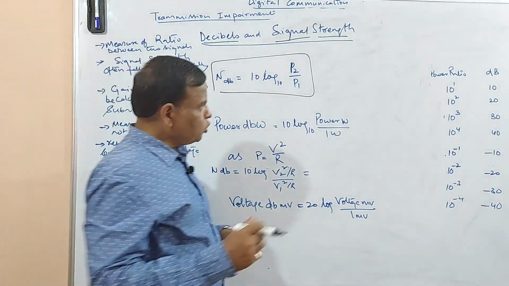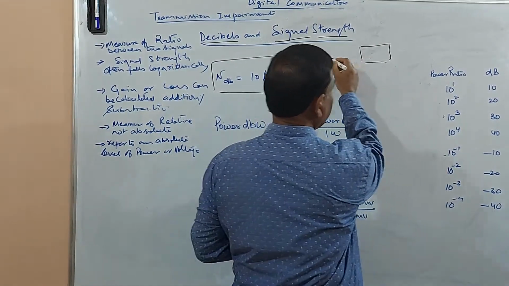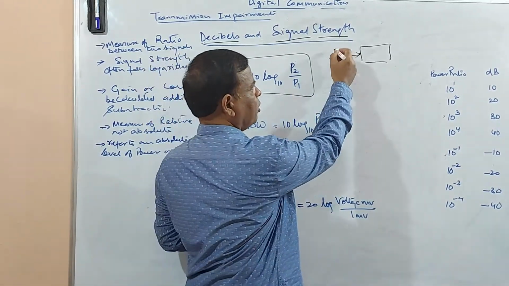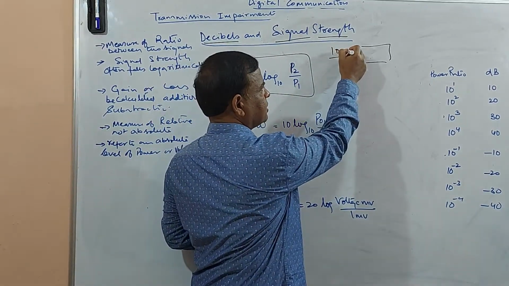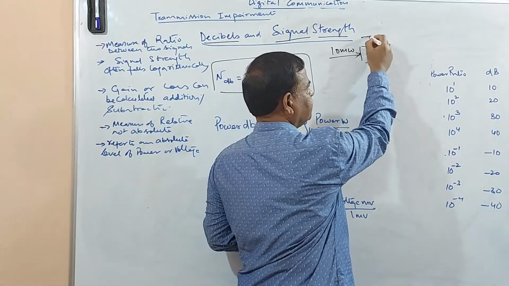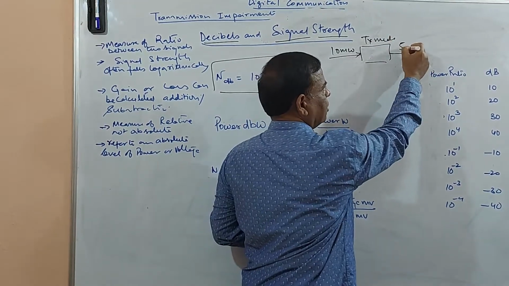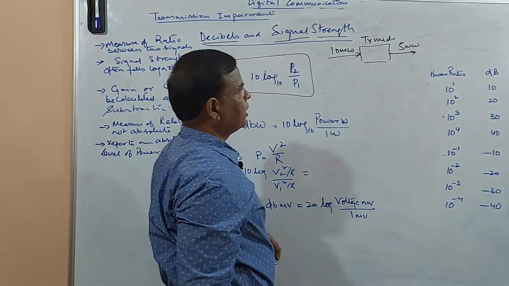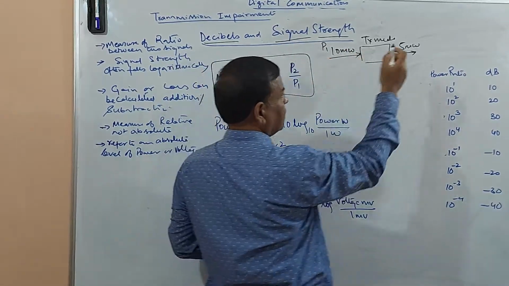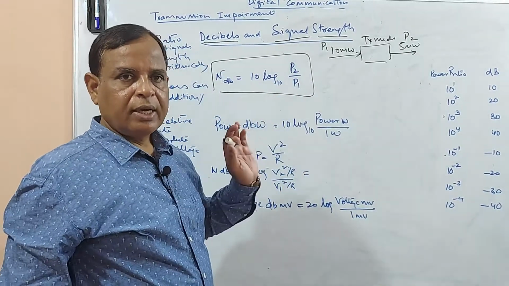To understand better, we'll take one small example. Say you are giving a signal with a power of 10 milliwatts. It passes through some transmission medium and you get an output of 5 milliwatts. So power 1 is 10 milliwatts and power 2 is 5 milliwatts, so there is a loss in the transmission line.